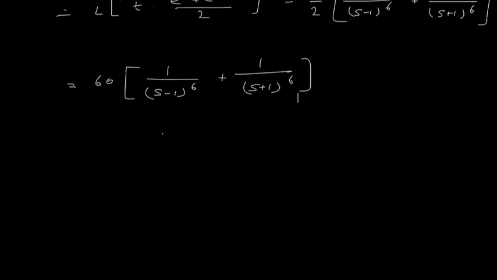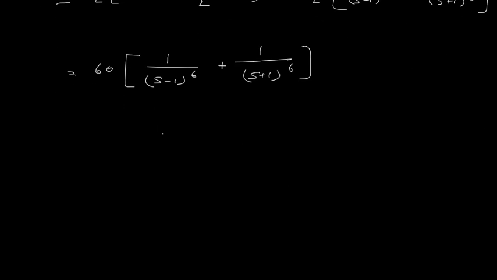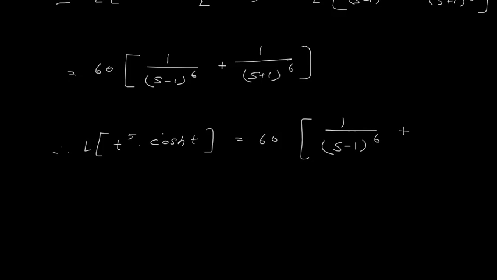Now here this term is Laplace of t power 5, and this e power t plus e power minus t upon 2 I can write as cos hyperbolic t. So Laplace of t power 5 into cos hyperbolic t is equal to 60 into 1 upon s minus 1 the whole power 6 plus 1 upon s plus 1 the whole power 6.